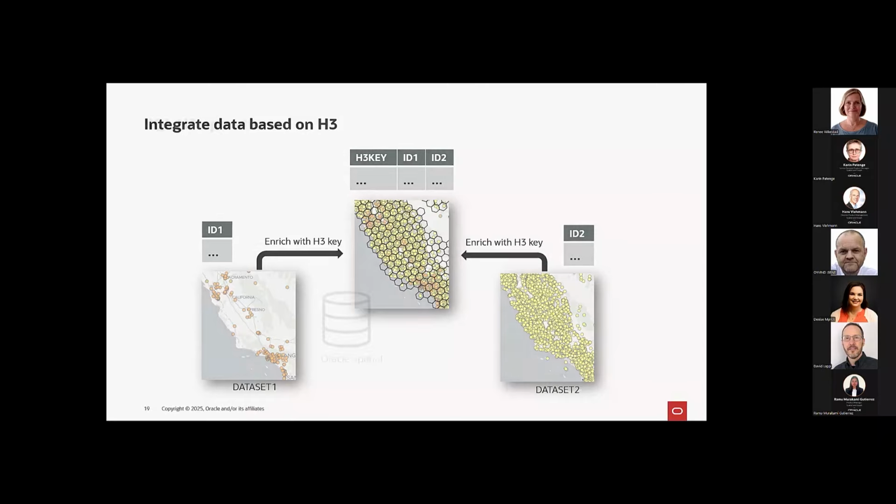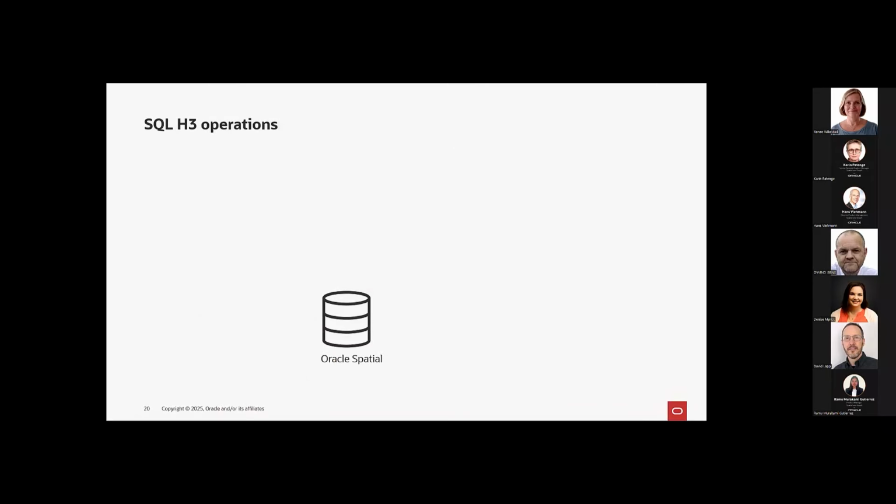And for H3 indexing, we've actually included a bunch of functions that help you to work with this kind of data. That is functionality which is actually new in 23AI, right? Given a point, you can compute the cell ID. Obviously, you can use that cell ID to compute the cell geometry, or also the cell center point, or there's even a function that allows you to take a point table as input and the maximum resolution, and then it creates an H3 summary table.